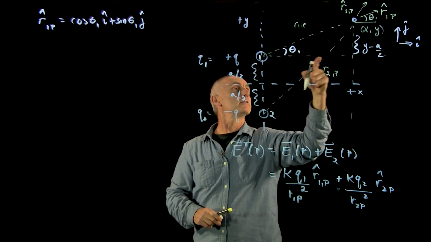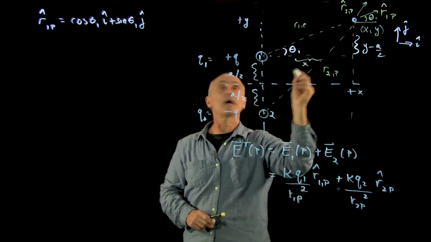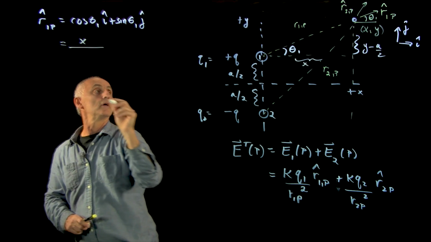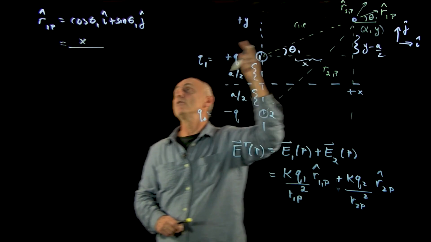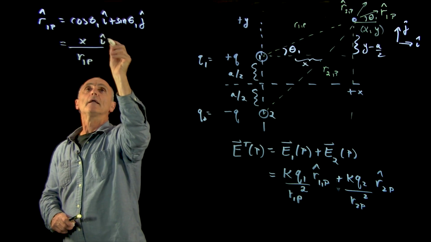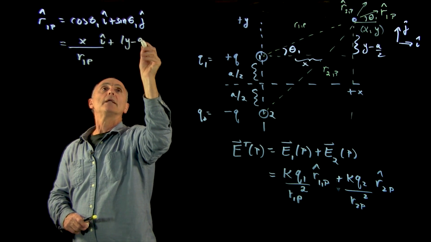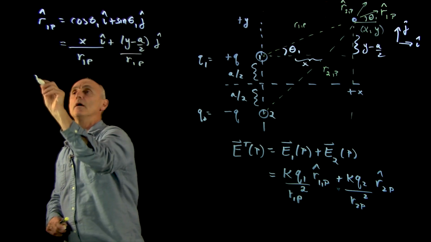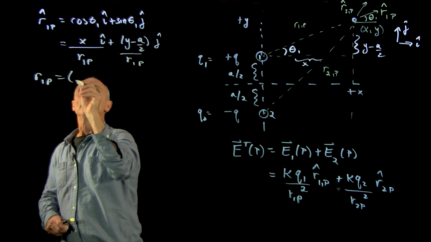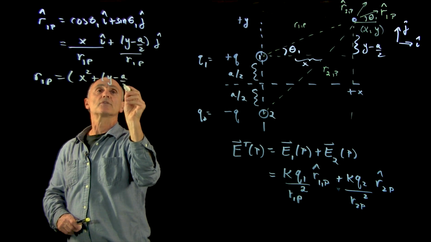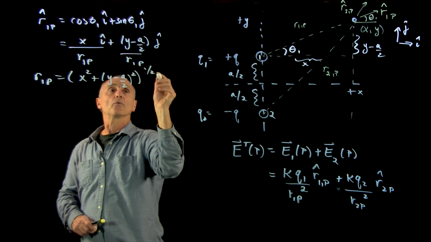And again, this horizontal distance here is x. So we have x over, and the Pythagorean theorem, I'll just write it as R1P for the moment, i hat plus y minus a over 2 j hat over R1P. And R1P is equal to x squared plus y minus a over 2 squared to the 1/2.